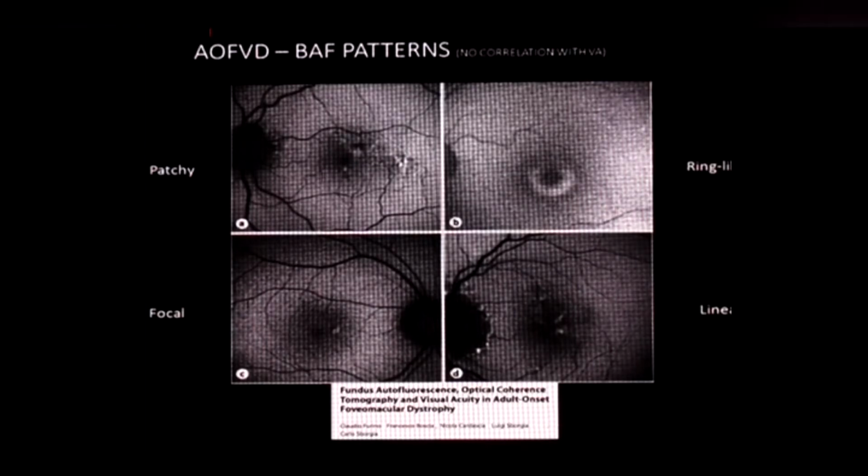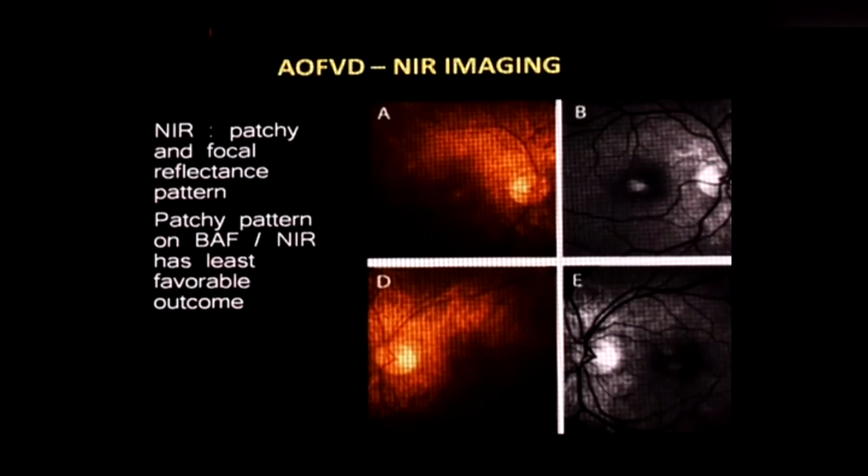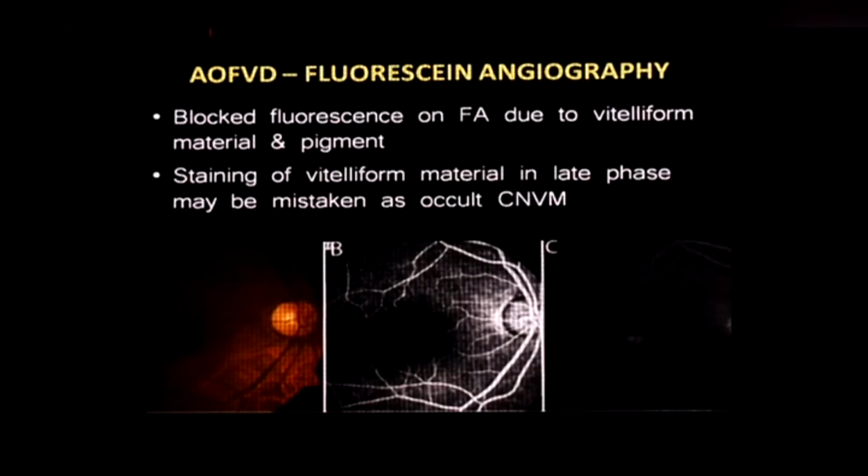So different patterns besides the standard round pattern corresponding to the lesion have been published in the literature. On infrared imaging, you can also see patchy lesions. And there is some evidence in some published articles that a patchy pattern on autofluorescence as well as on NIR imaging has a worse prognosis.